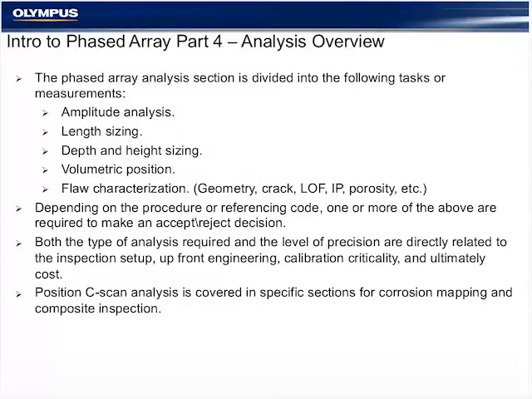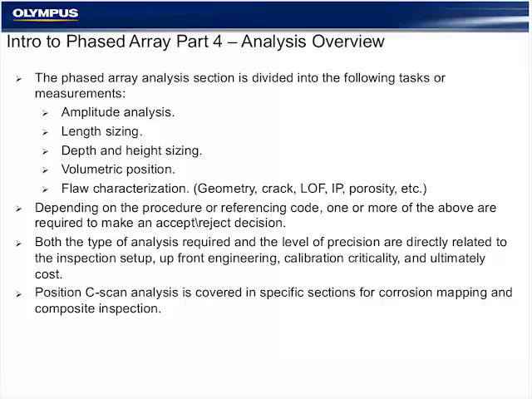In the 5 groups, we start with the most obvious, the amplitude analysis, length sizing, which is very different and has a whole unique set of benefits and compromises depending on the pipe or plate, probe frequency, curved or radius, various things that we'll talk about.